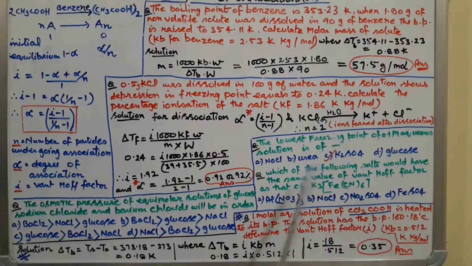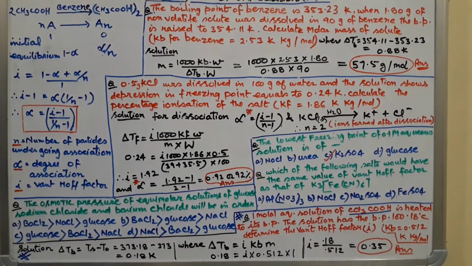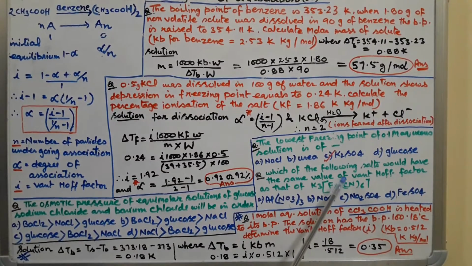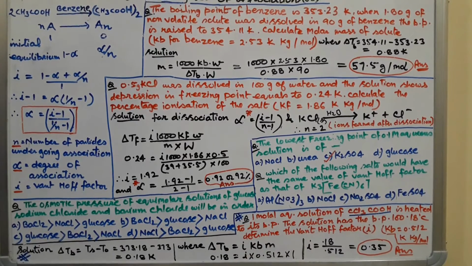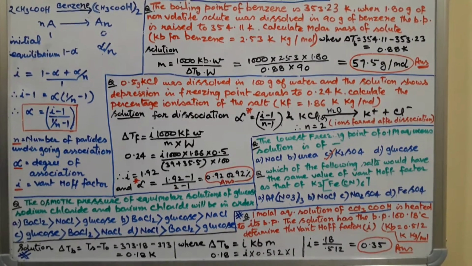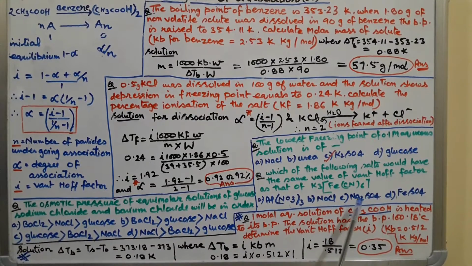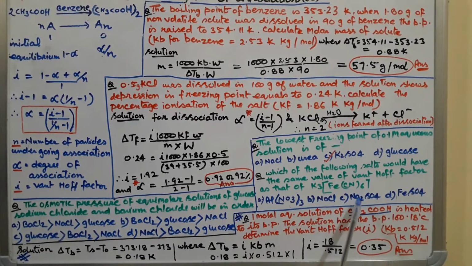Because I think that you do not know about this coordination, some of you might be knowing that, that's why I am explaining what will happen here. In this case, we are going to get 3 plus 1, 4 particles on dissolution, and that you have to check out here. Let's see. NaCl 2 particles, Na2SO4 3 particles, 2 plus 1, and again 2.